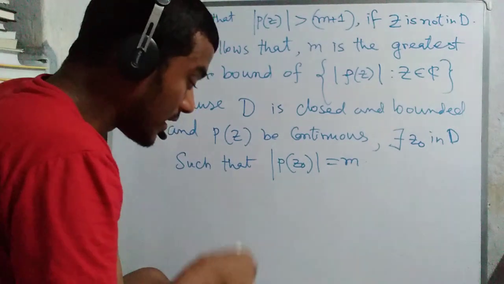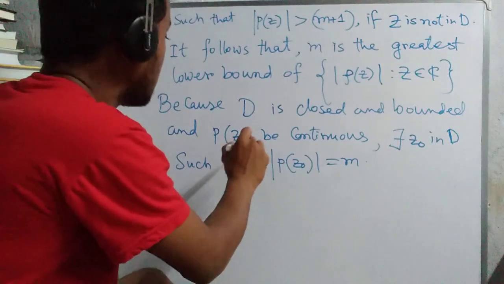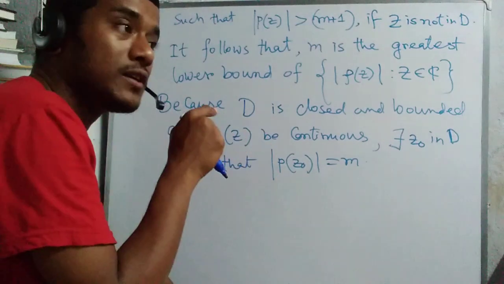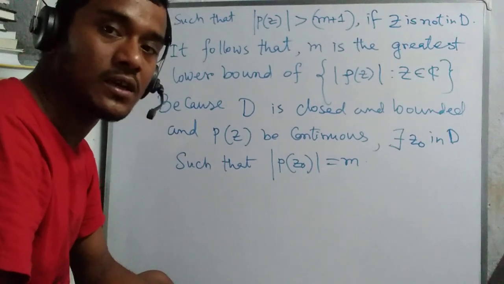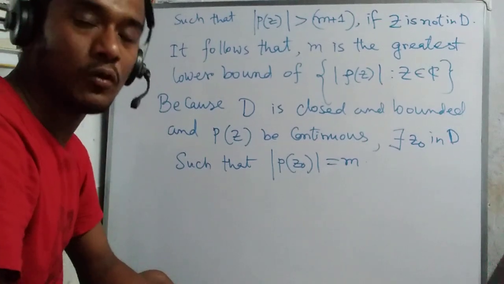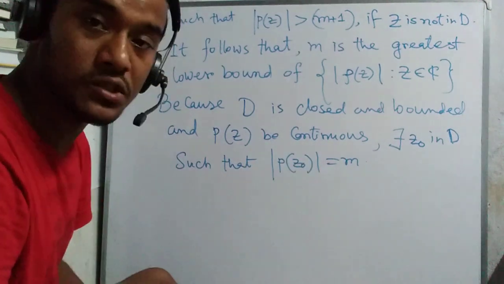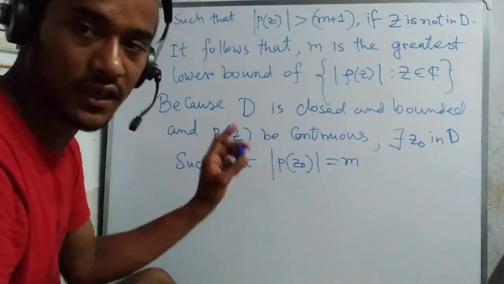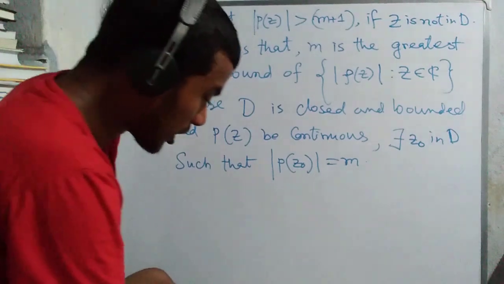So if D is closed and bounded, containing the origin, and p(z) is continuous, then some point z0 in D satisfies that p(z0) is the greatest lower bound, that means the infimum value. So the modulus of p(z0) equals M. So not a problem at all.